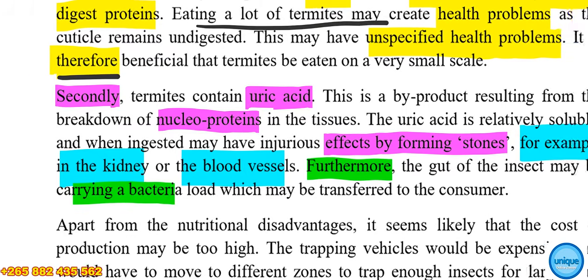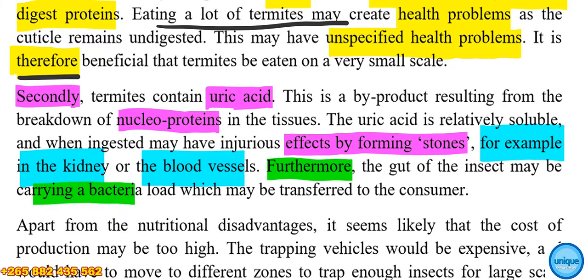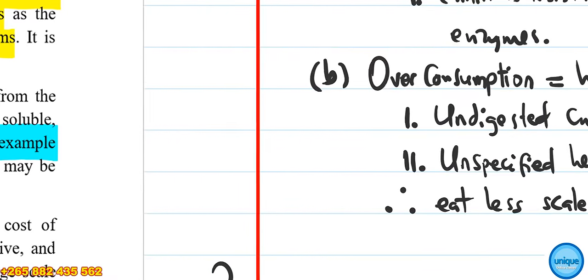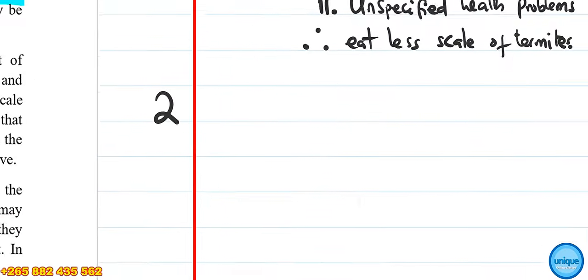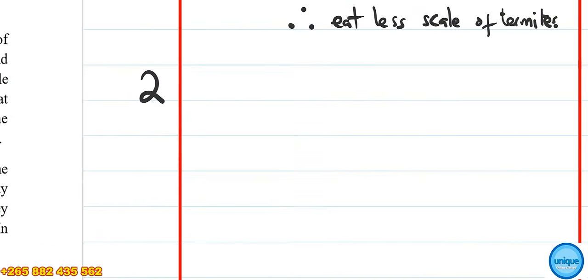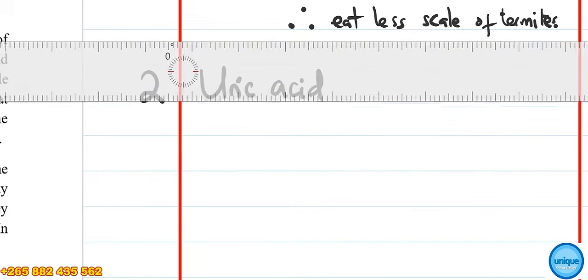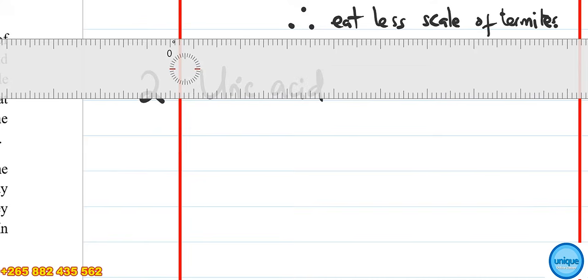So we have point number 2, that's uric acid. So we are putting here uric acid, and we underline it, representing the main point. You see?